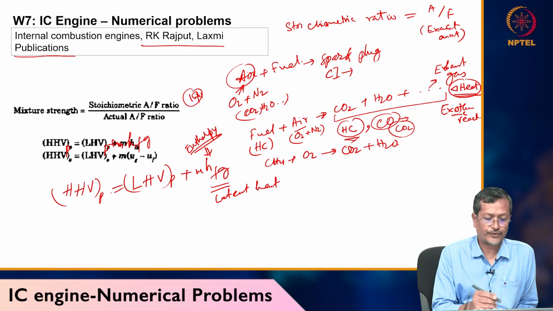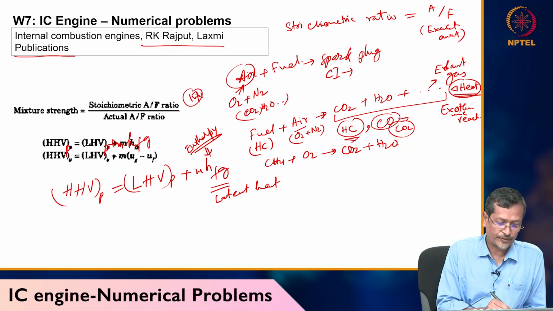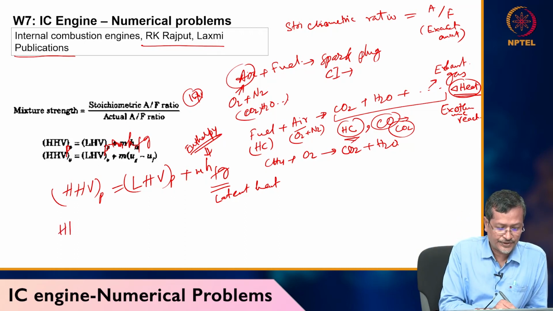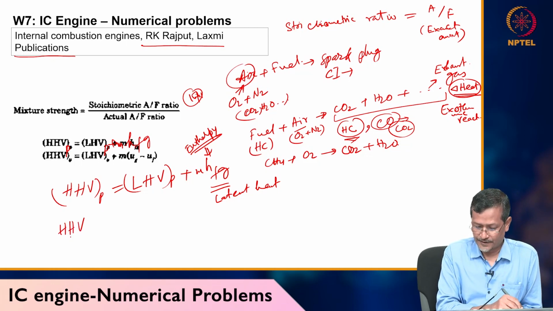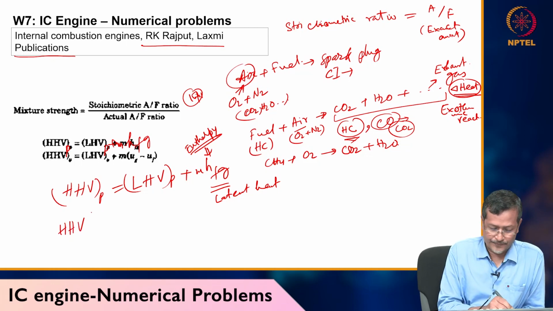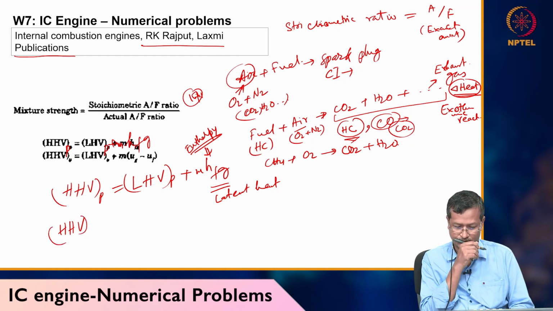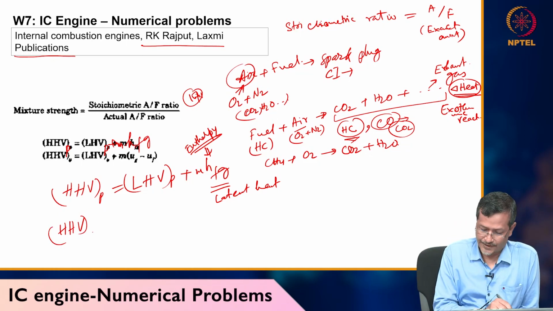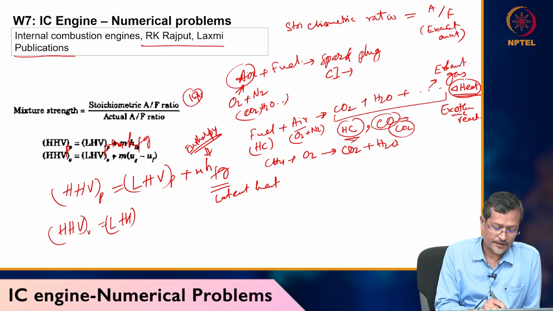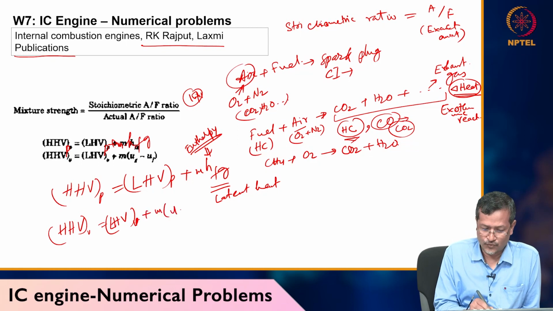And if you know the internal energy of gas and fuel, then it will be like this: HHV at constant volume equals LHV plus m times (UG minus UF).